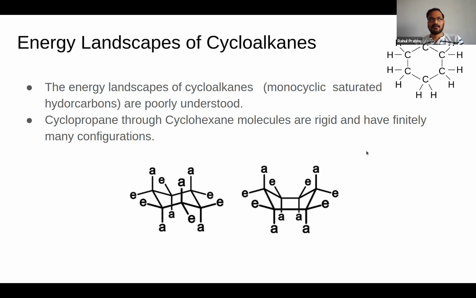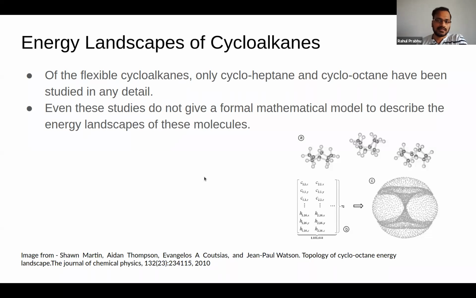But if the number of carbon atoms in this ring is greater than 6, you have some flexes, and there's a lot of interest in studying the configuration space of these flexible cycloalkanes.